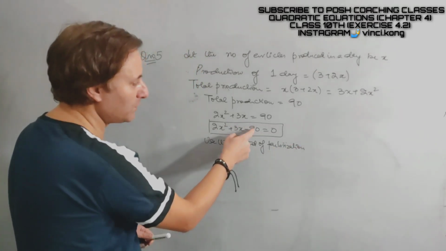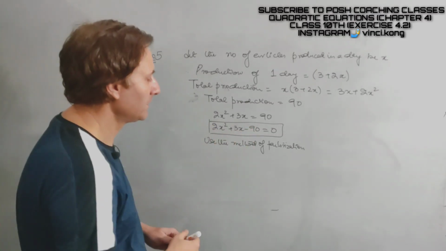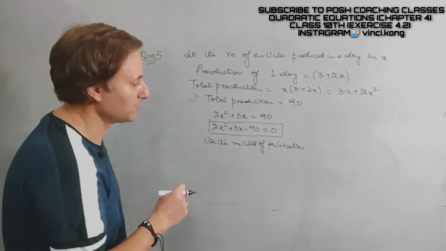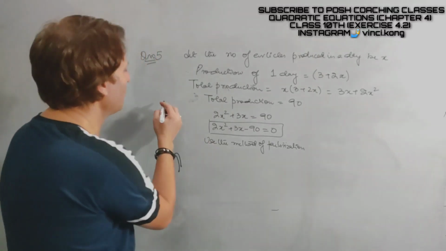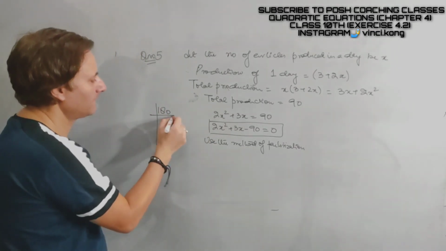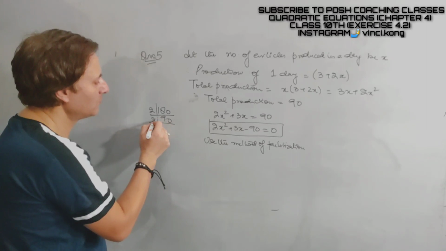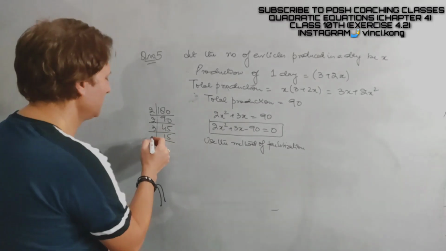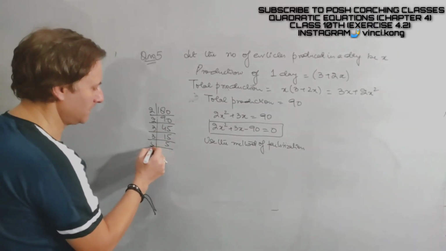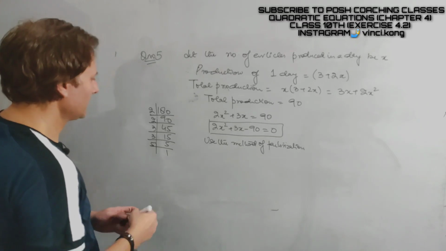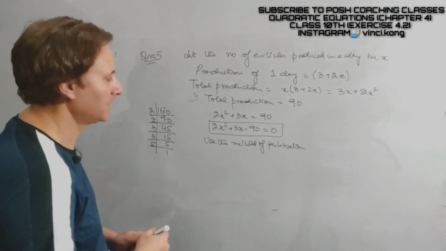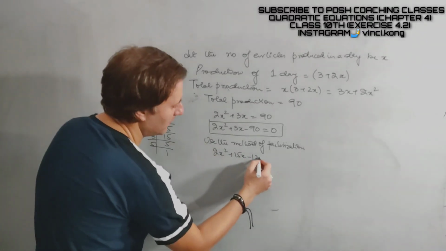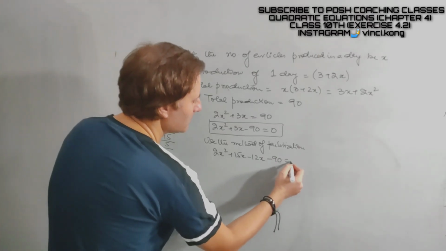So in this case we need a product of 180, with a difference of 3. Let's see, 12 and 15. Okay, so I'll write 2x squared plus 15x minus 12x minus 90 is equal to 0.